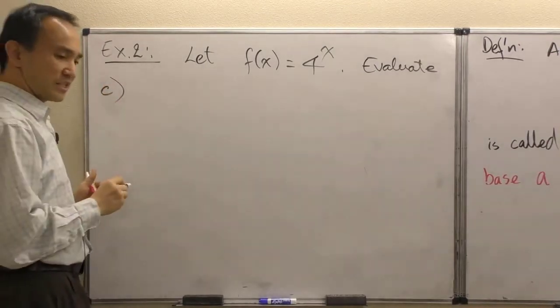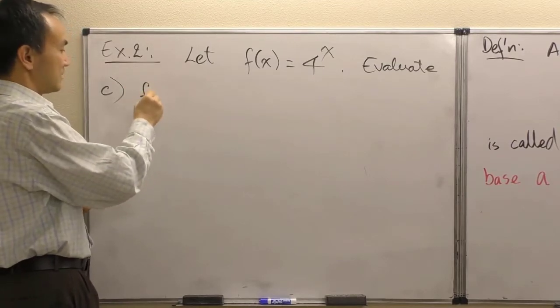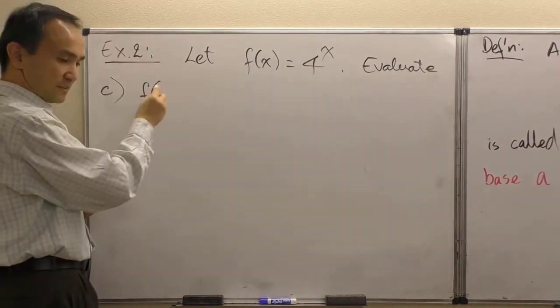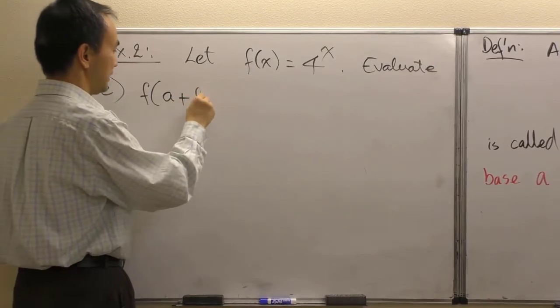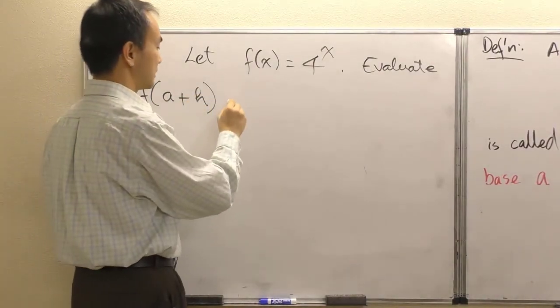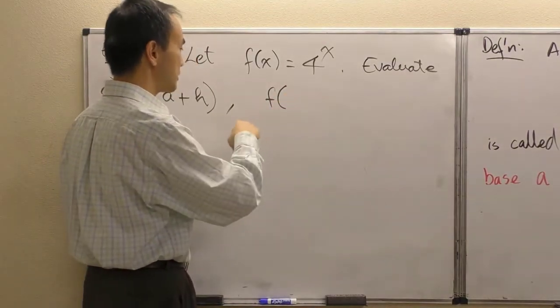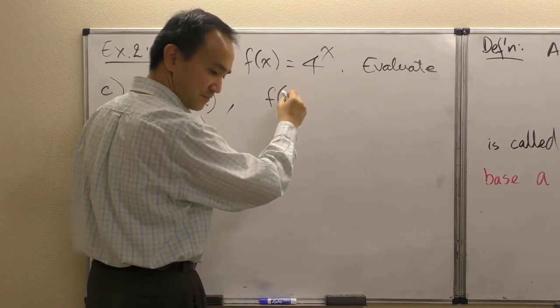All right, so part C of the example, we're looking at how about evaluate f of a plus h, and then another task to be done right here, f of x plus h.